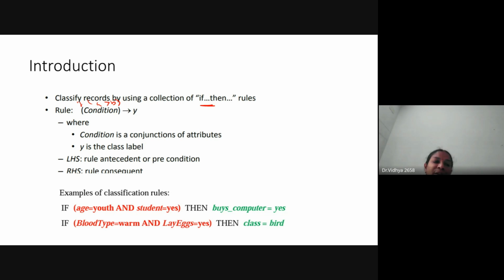In terms of the Boolean representation, the LHS is the rule antecedent or precondition. Similarly, the RHS must be the result, the rule consequent.